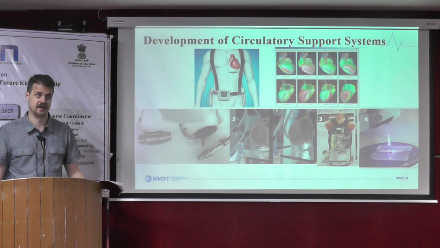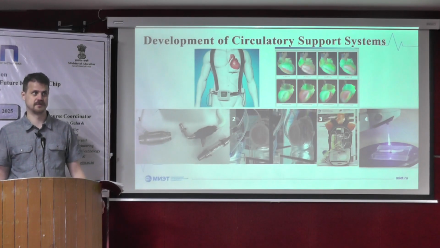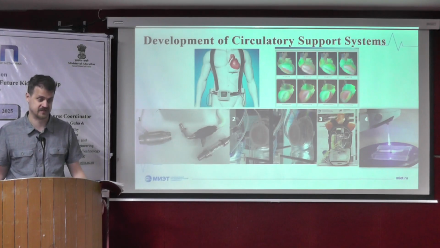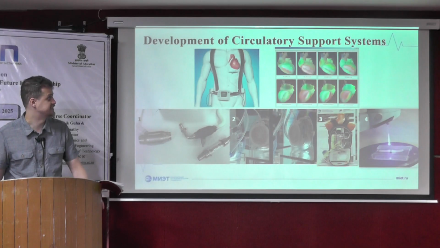And basically, if we talk about the issues about artificial hearts, if we talk about the stationary units that provide the artificial blood circulation, they also remove the social mobility for the patient. So the main idea behind this particular technology is the same.